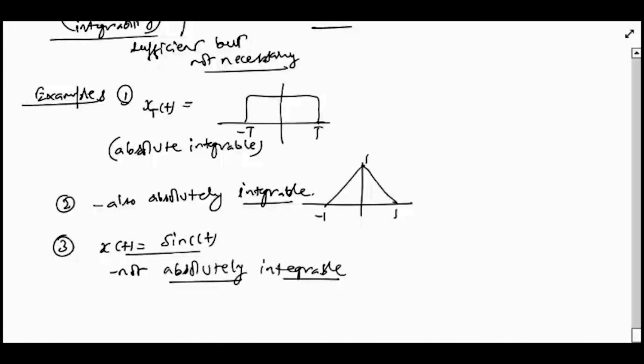I will not get into details of why it's not absolutely integrable, but it's important to notice that even though it's not absolutely integrable, its Fourier transform exists. That is, the integration that defines the Fourier transform, integral from minus infinity to infinity of x(t) e raised to minus j omega t dt, is well defined.